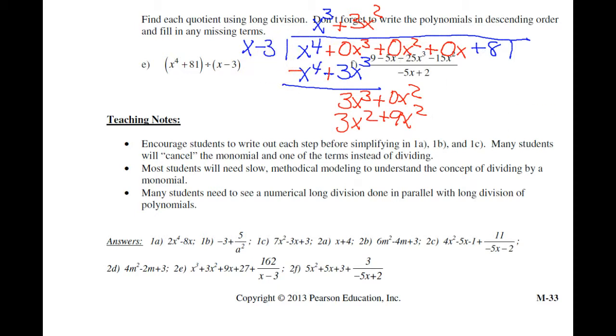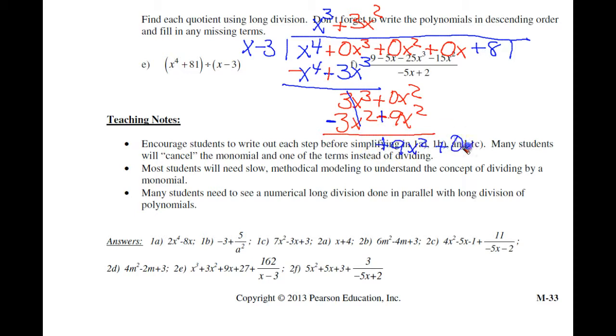Excuse me, got carried away there a little bit. A negative. That's better. Because now when I change the signs, this will become a negative and this now becomes a positive. So I know I'm going to end up with a 9x squared here.